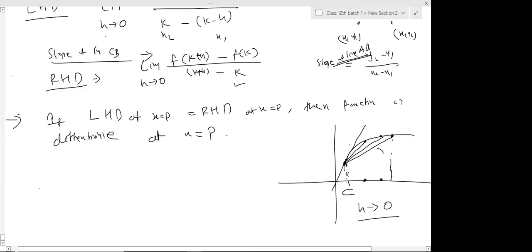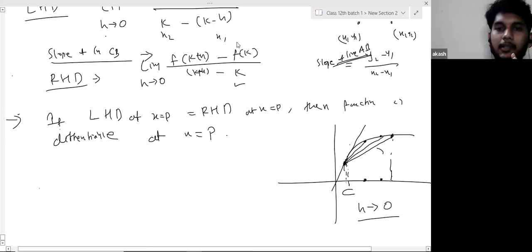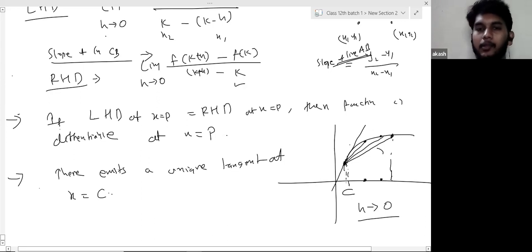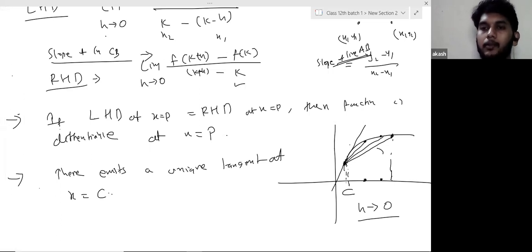Yes, sir. So if the function is differentiable, then we can say there exists a unique tangent at x equals to c, right? Because the function is differentiable, that means there will be a single slope. So if there is a single slope, that means only one line can pass through that point with that slope.